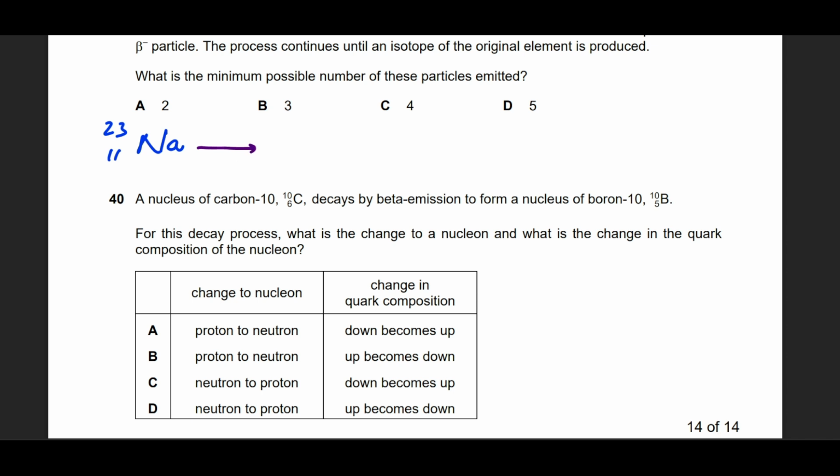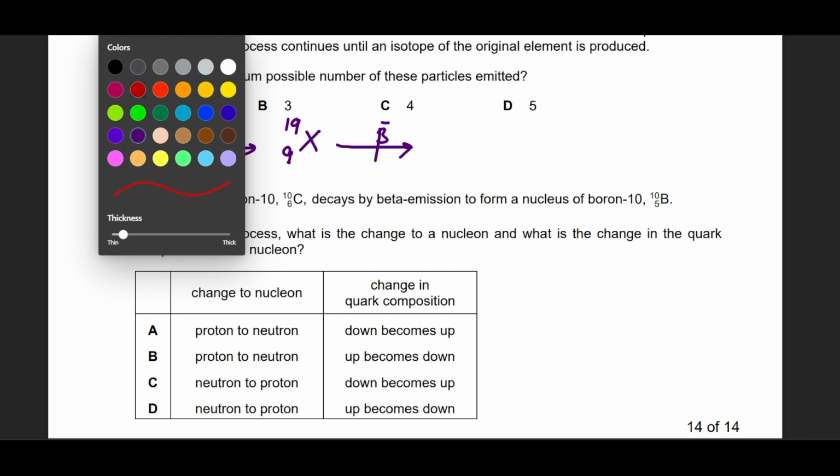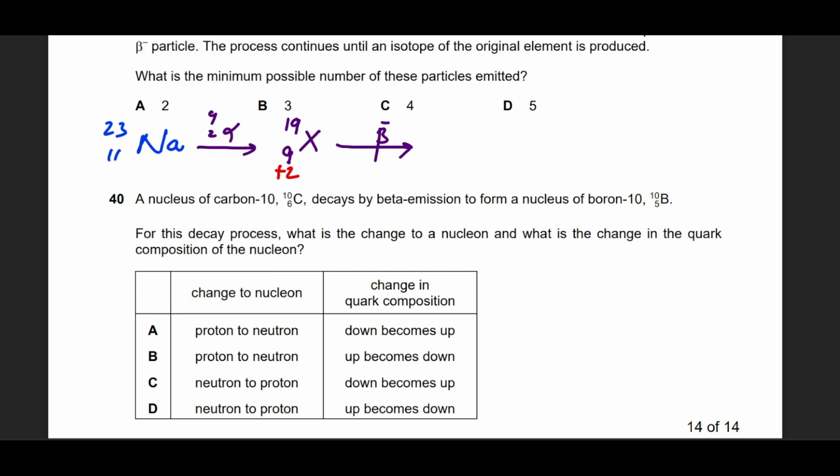When you emit an alpha particle from this, we are left with some element X where the top is 19 and below this should be 9. Now we emit 2 betas, because I want to add the 2 back into this equation to go back to the original isotope. So something Y may be formed, but the upper value will not change because this is 0, minus 1.